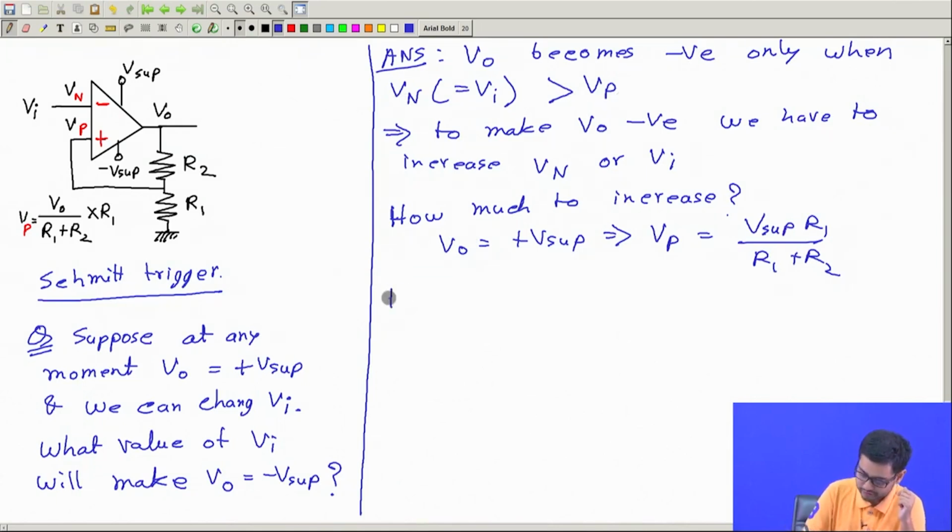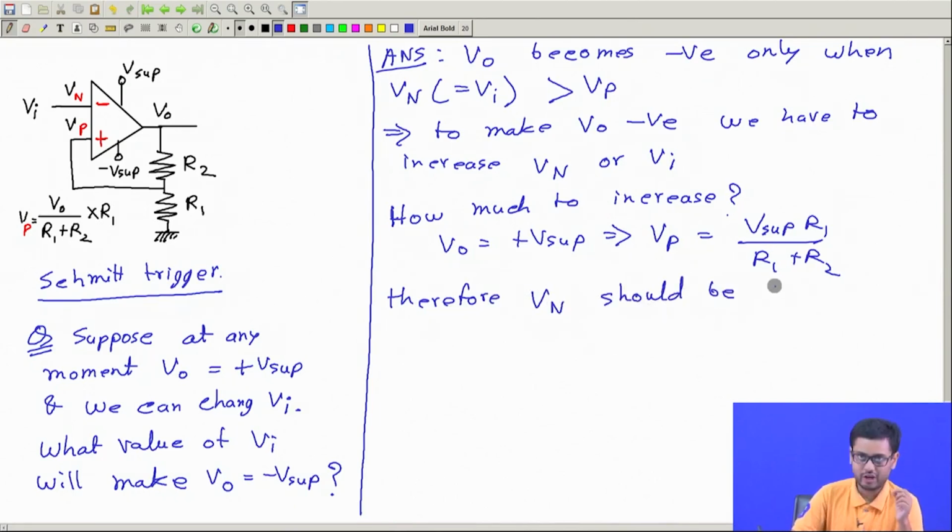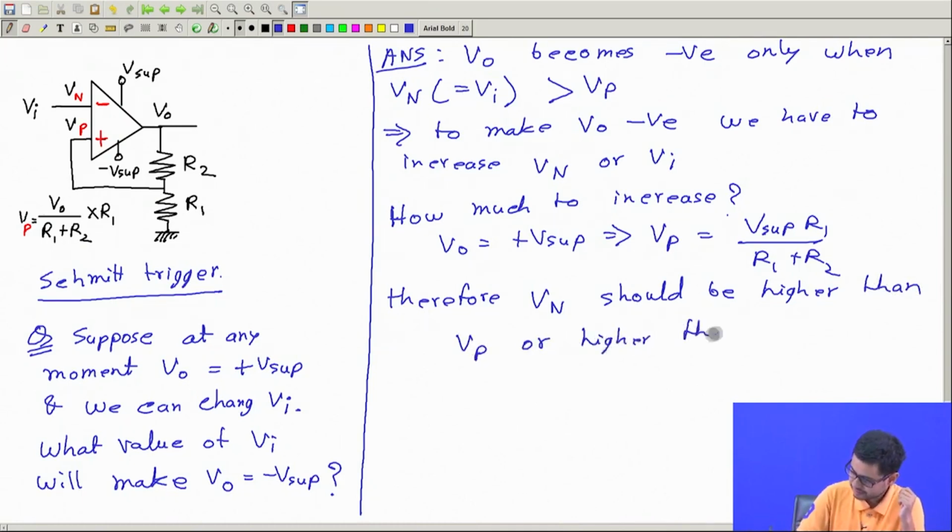So therefore, Vn should be higher than, or at least slightly higher than, Vp, or which is same as higher than V supply R1 by R1 plus R2, because this is the value of Vp.